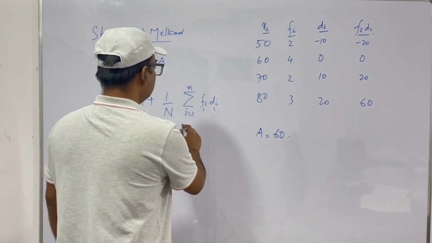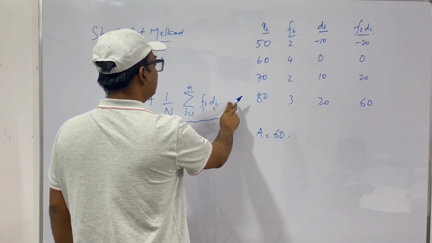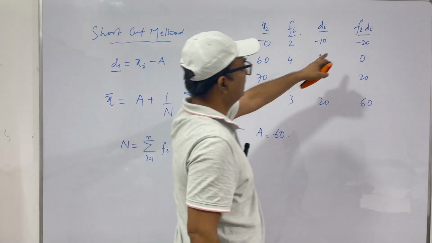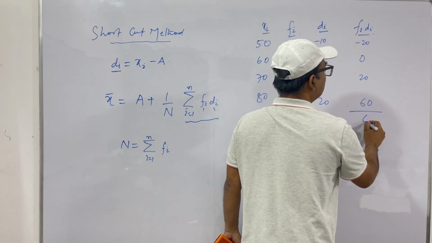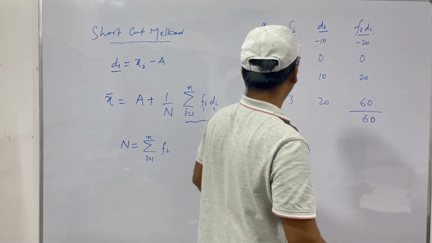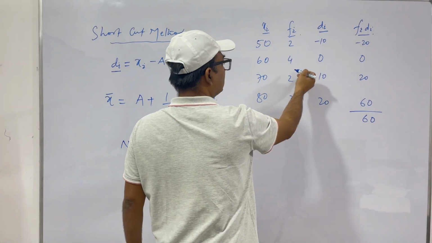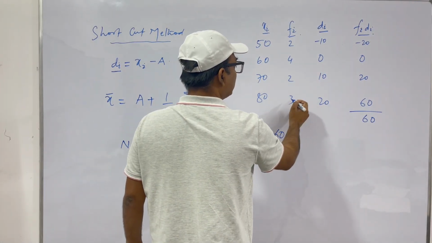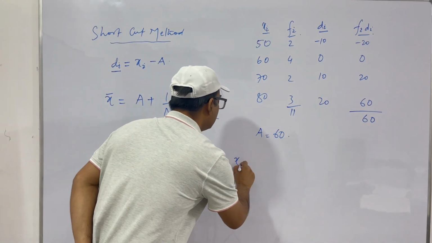What will be the sum? f1 d1 plus f2 d2 plus f3 d3 plus f4 d4, that is the addition of these. Very simple. The minus 20 and 20 cancel. This is only 60. So we have got 60. What is n? Addition of our frequencies. 2 plus 4, 6. 6 plus 2, 8. 8 plus 3, 11. So n is 11 and a is 60. So what will be our arithmetic mean?